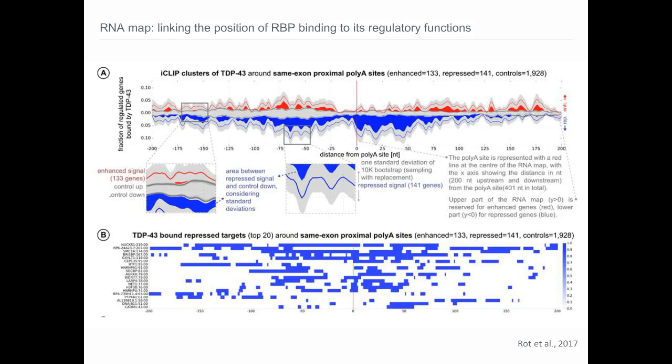And you can see that the regions of binding where the protein tends to promote inclusion or promote recognition of processing tend to be further away from the polyA sites. And right at the polyA site, the protein will not bind when it promotes recognition of the polyA site. So that's also reassuring that the binding of the protein depends on its function.